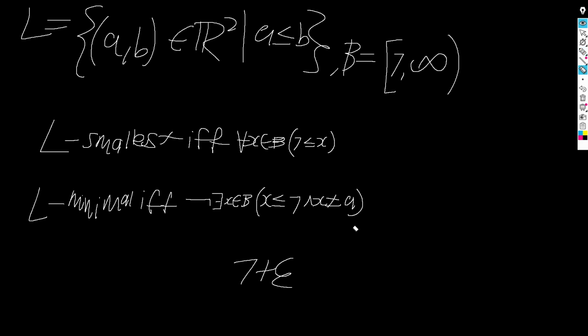So we find out that B only has one L smallest and one L minimal, and that is 7.